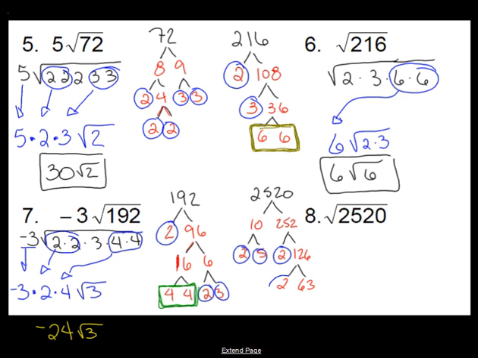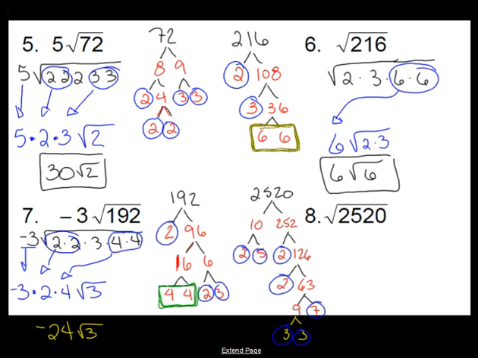Oh, look, 2 is a prime number. 63 gets split down to 9 times 7. 7 is a prime number. 9 becomes 3 times 3. Oh yeah, and there's our last 2 prime numbers.